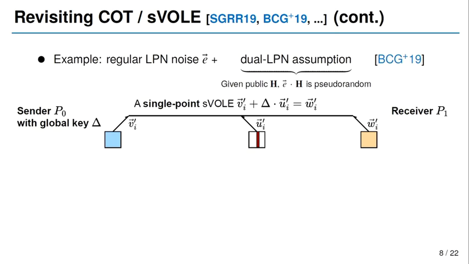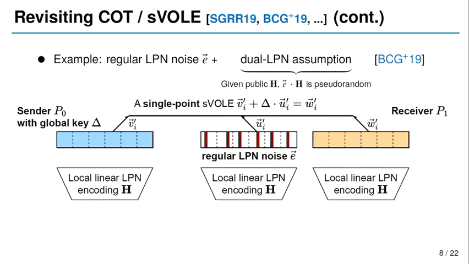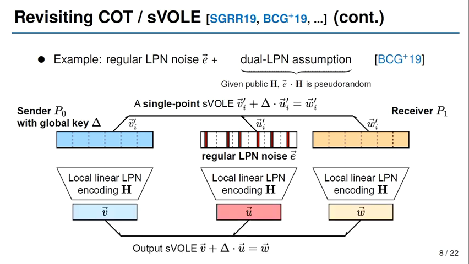The two parties set up many single-point SVLE correlations and combine them into longer vectors. Then they can use a local LPN encoding matrix to turn these three vectors into the output vectors V, U, and W. These three vectors correspond to the target SVLE correlation with respect to the global key delta.